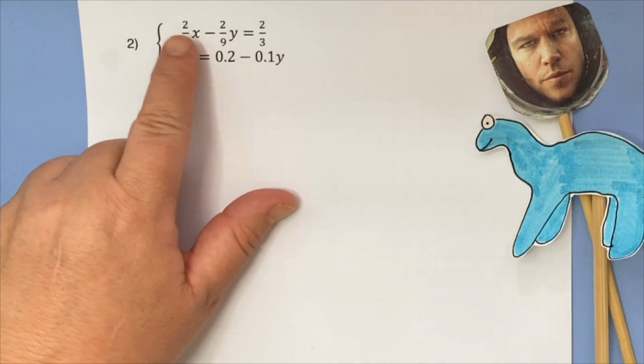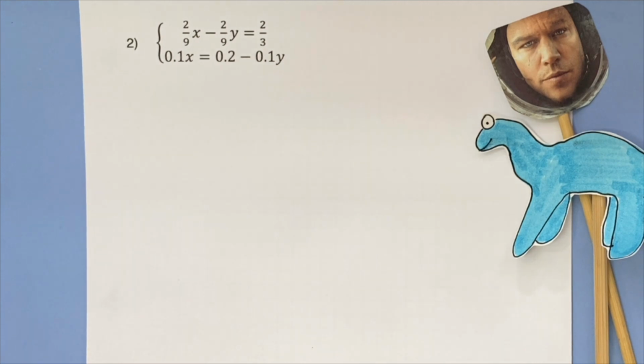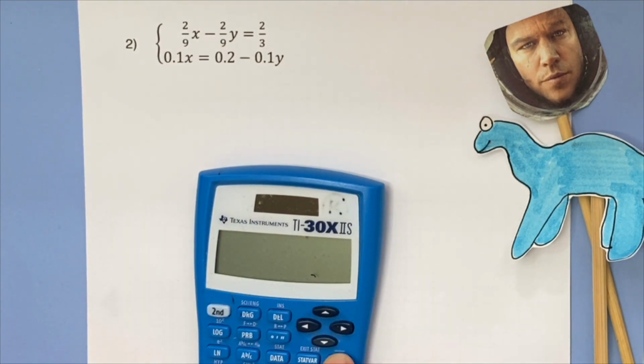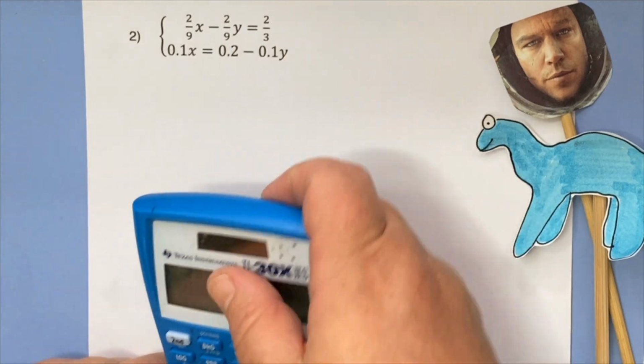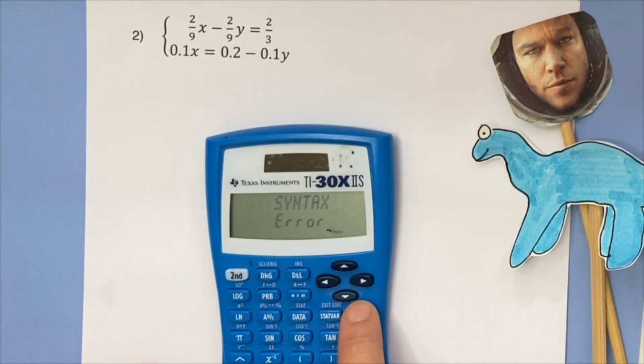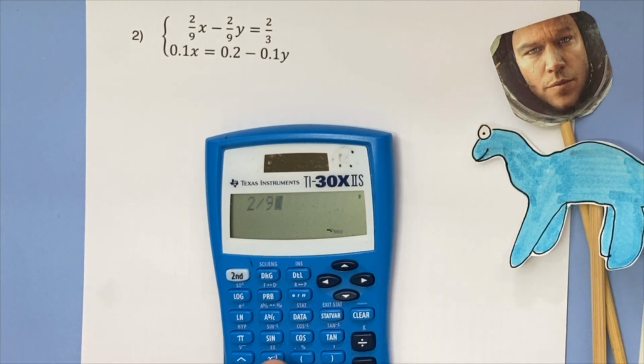Some of you might be saying, oh, but can't we just write these as decimals? And the answer is, ha ha ha, no. I actually wrote this on purpose because 2/9 is not a nice decimal. 2 divided by 9 is 0.22222.